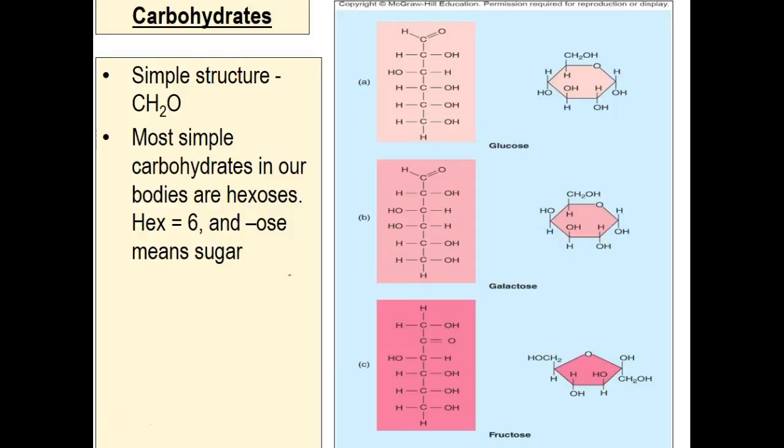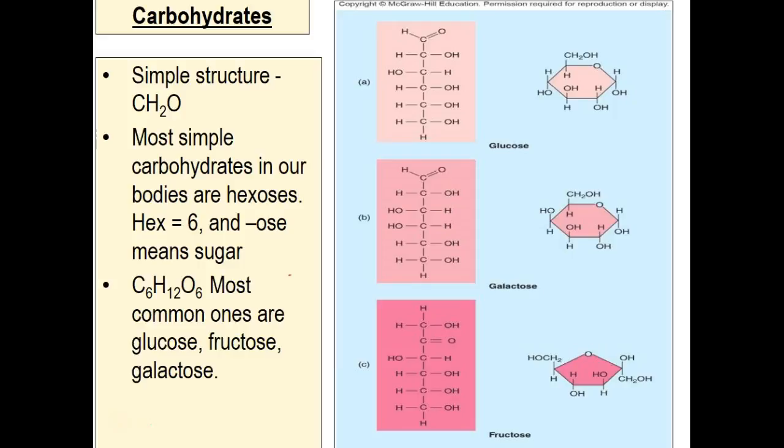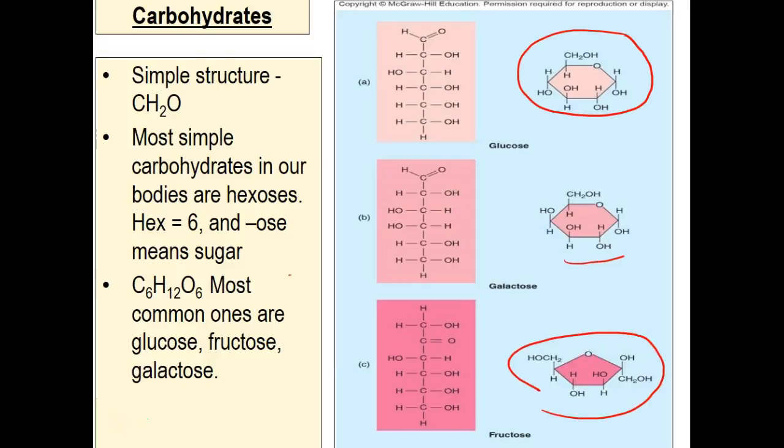Most of the simple carbohydrates in our body are hexoses, hex meaning 6, and OSE ending, meaning sugar. You should be able to draw a simple glucose molecule, but the other major common ones, C6H12O6 in the body, are fructose, shown down here at the bottom, and also galactose. Pentoses have 5 carbons.